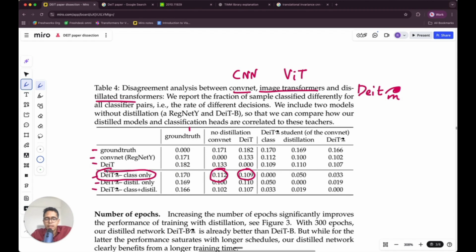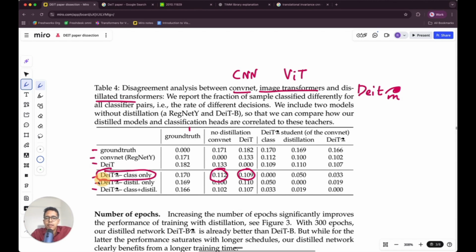So if you look at the one with class token, its disagreement with ConvNet is the highest, as it should be, because the class token is like the vision transformer's class token. That token will not be really good at inheriting any translational invariance or any inductive biases from the CNN. So disagreement will be higher towards ConvNet.